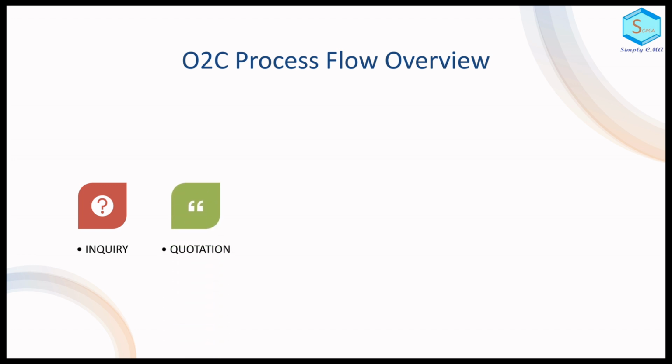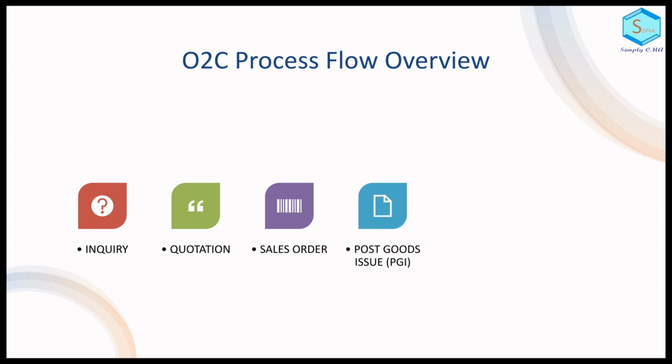The next step is quotation. The company offers a formal price quote to the customer. Next is sales order. The customer places a confirmed order. Fourth is post goods issue. Here the inventory is reduced and goods are shipped to the customer.